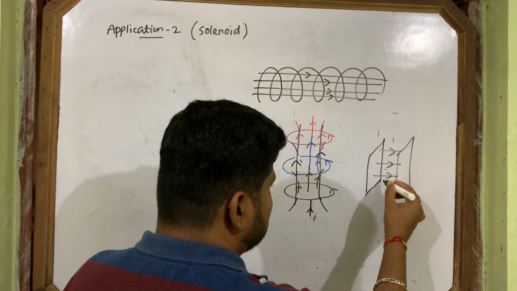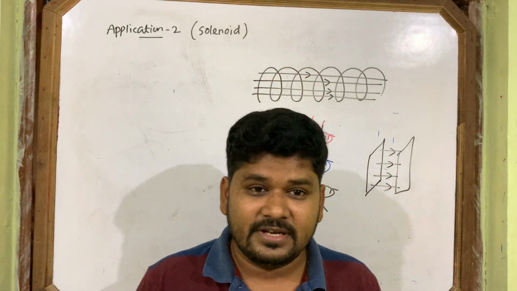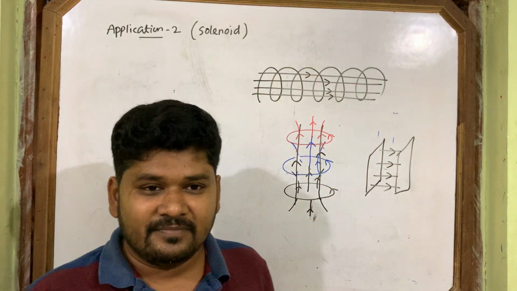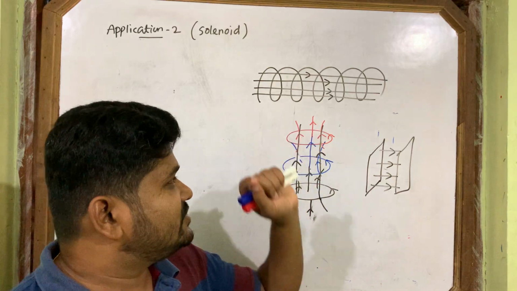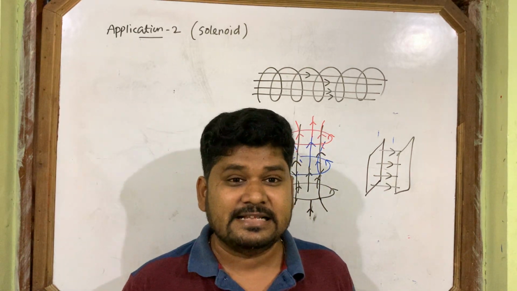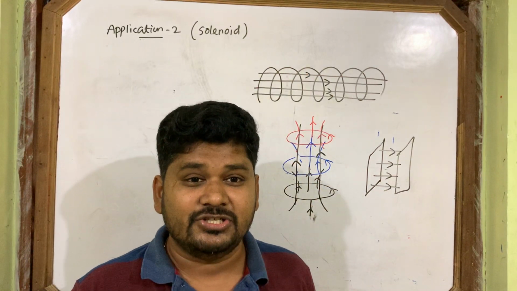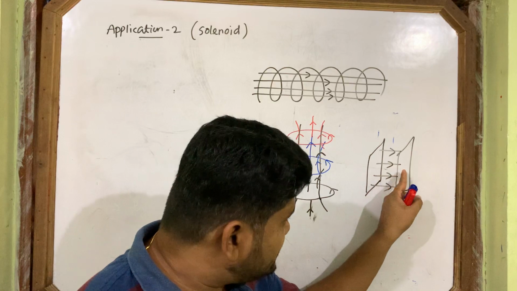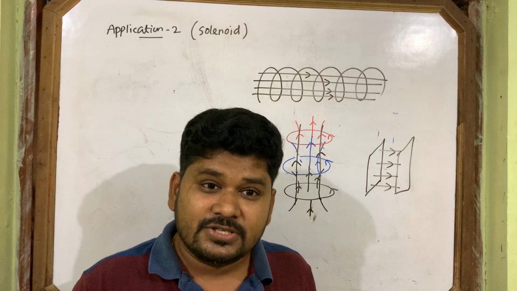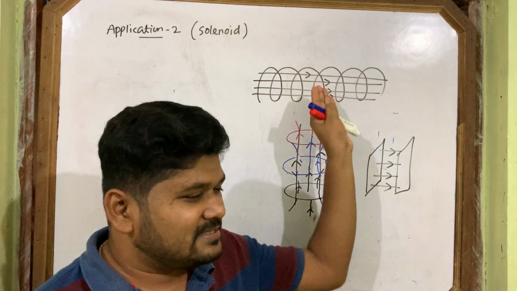A capacitor is the example of a uniform electric field inside it, and a solenoid of a uniform magnetic field inside it. But outside the solenoid, the magnetic field is 0. Outside the capacitor, the electric field is 0. Same thing, just a similar device.